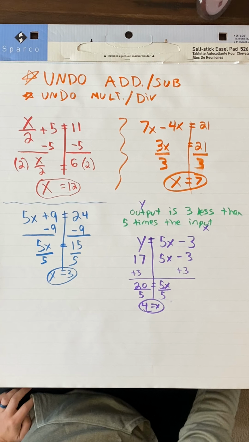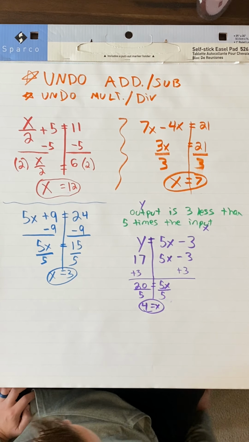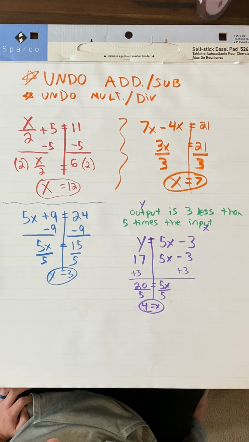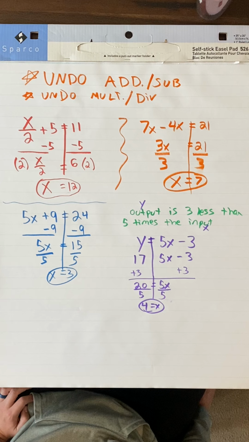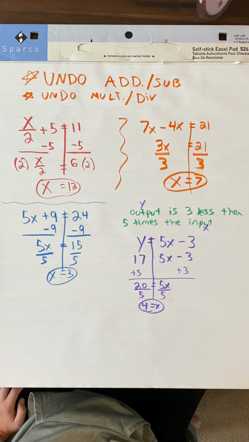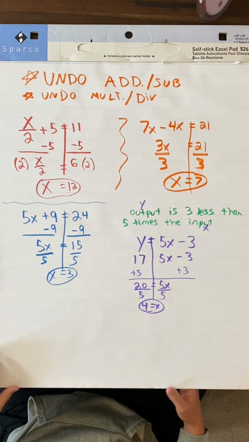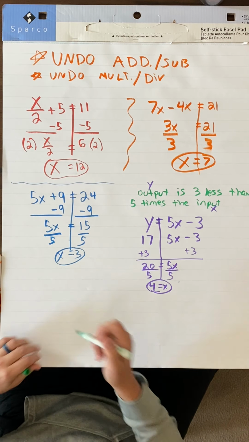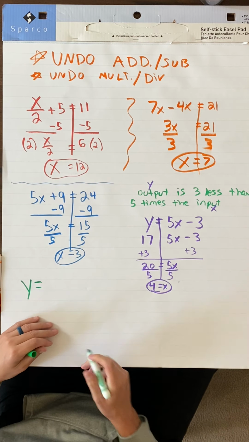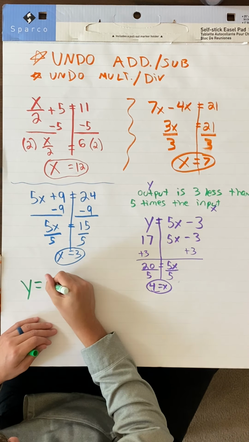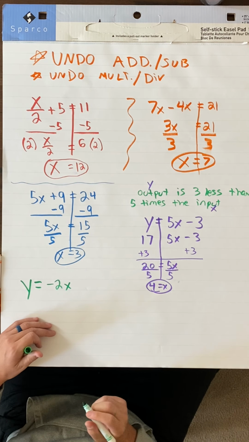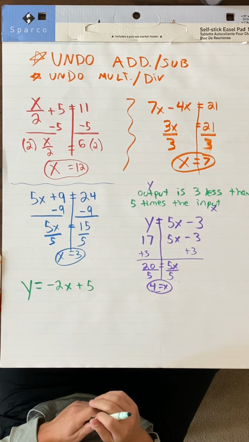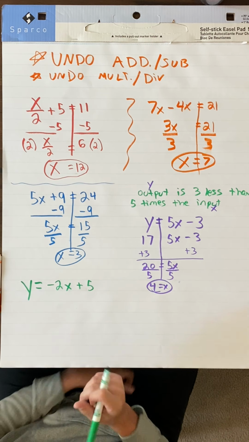Another one similar to this would be the output is -2 times the input and 5. So for that problem, let's use green. The output is -2 times the input, so -2x and 5, or the sum of -2x and 5. And then it wants us to solve it when the output is 11.